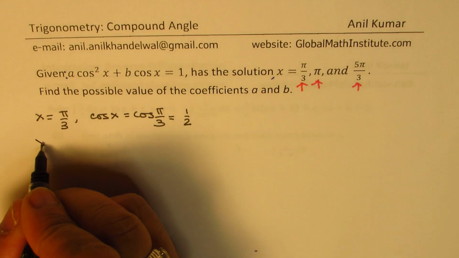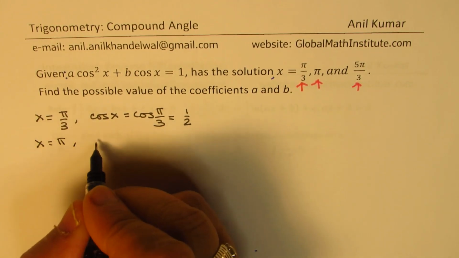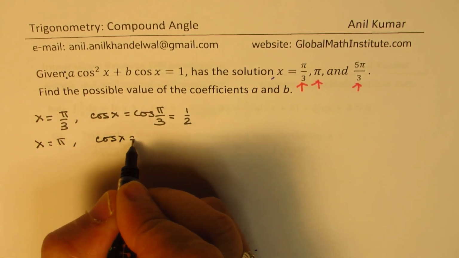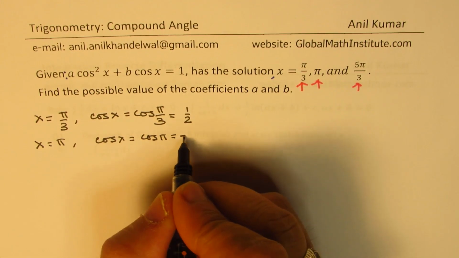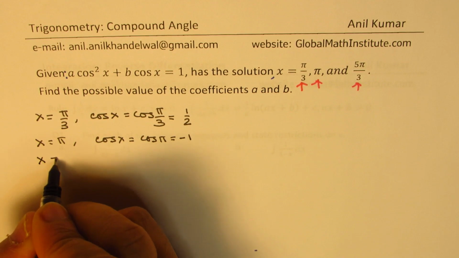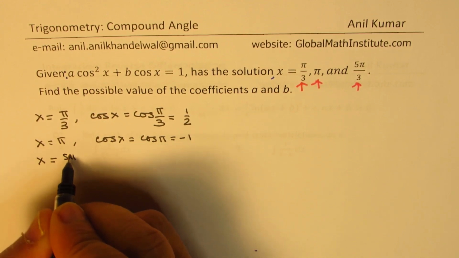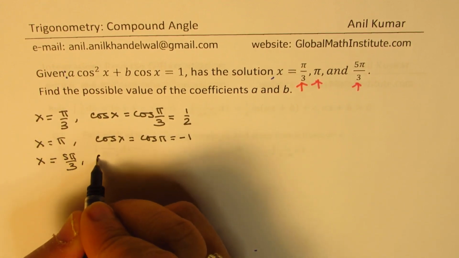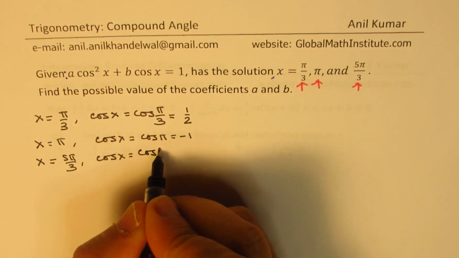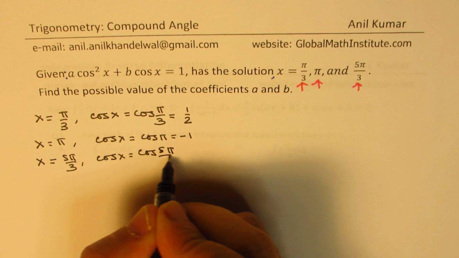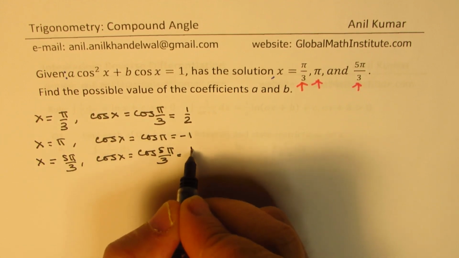And when x is equal to pi, in that case we have cos of x equals cos of pi, and the value here is minus 1. And when x equals 5 pi by 3, then cos x, substituting 5 pi by 3, we get cos 5 pi by 3, and this value is half.